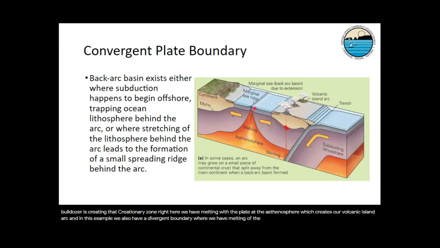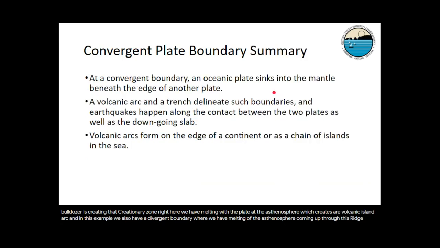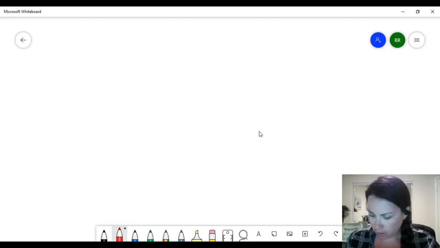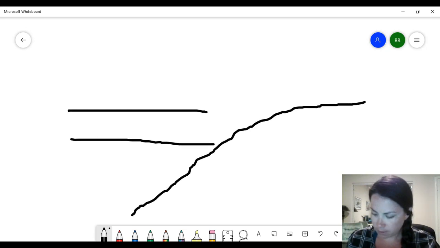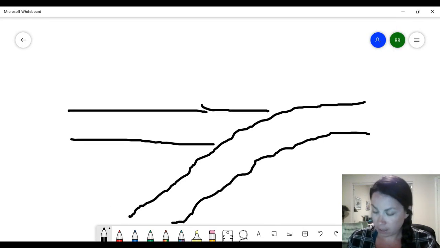Okay, so I'm going to draw a convergent boundary. At a convergent boundary, we have plates that are coming together. So we could have a plate that is subducting into the asthenosphere.